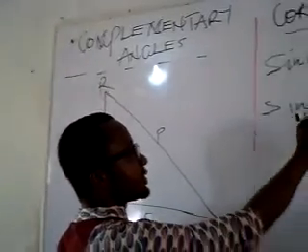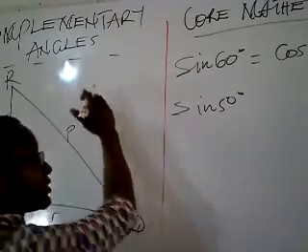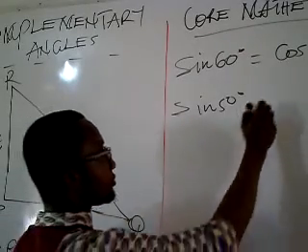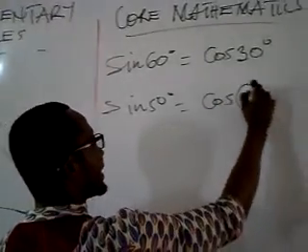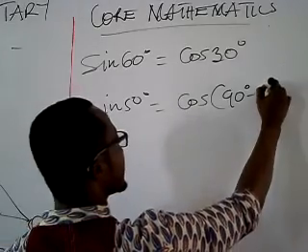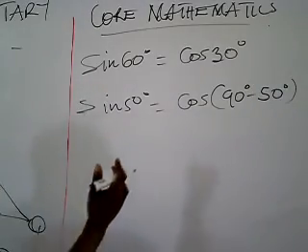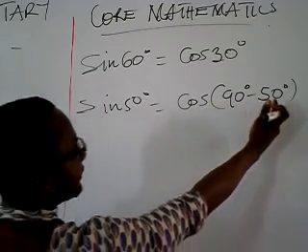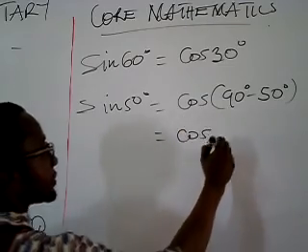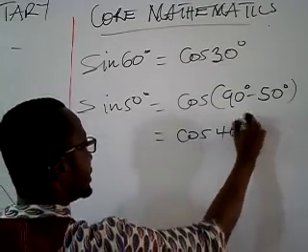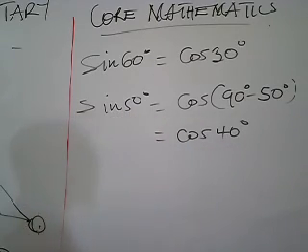Since we have the sine, which is sine 50, the opposite angle in our discussion for complementary angles will also be equal to cos brackets 90 degrees minus 50 degrees. In this case, when you subtract 50 from 90, it will give us cos 40 degrees, meaning that when you add 50 and 40, it will give us 90.